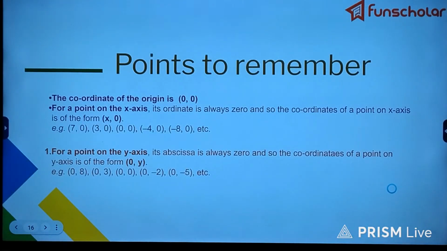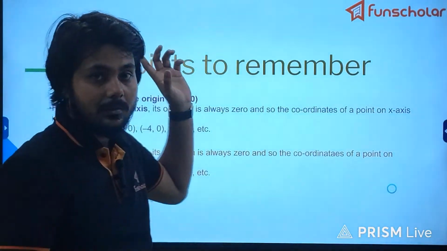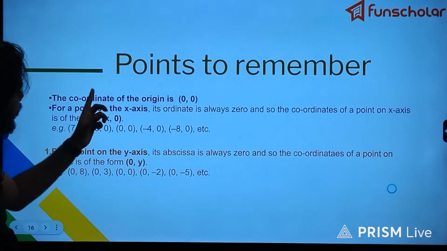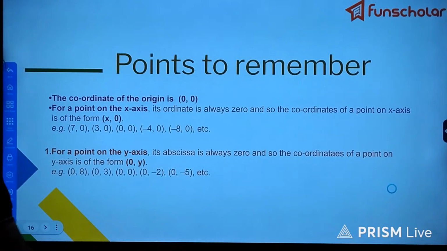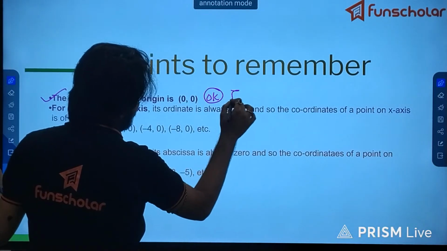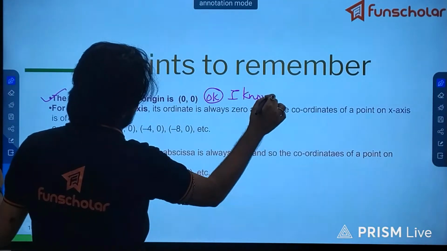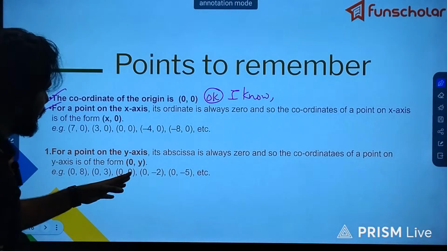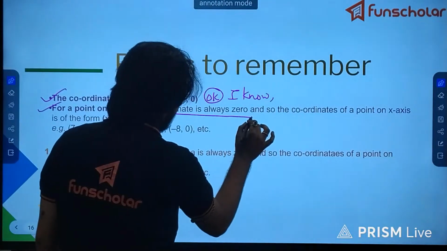Now some points are here to remember. The coordinate of the origin is 0, 0. You will say that okay, I know. For a point on x-axis, its ordinate is always 0.